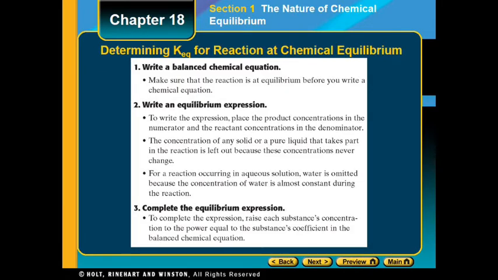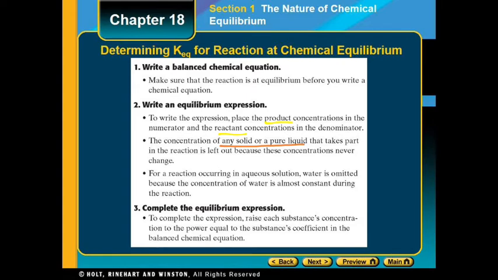So for your steps, you'll write a balanced chemical equation first. Then you'll write an equilibrium expression. In the equilibrium expression, again, it's products in the numerator and reactants in the denominator. The concentration of any solid or pure liquid is omitted because it can't change.